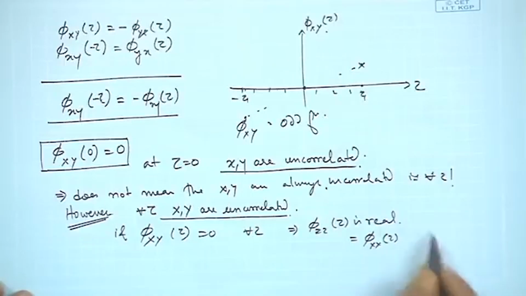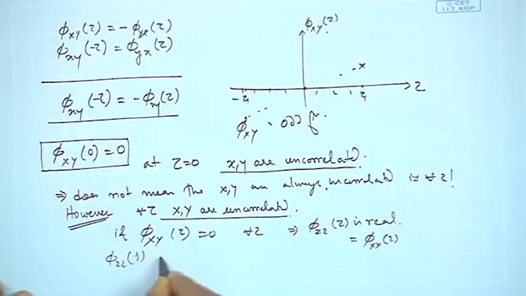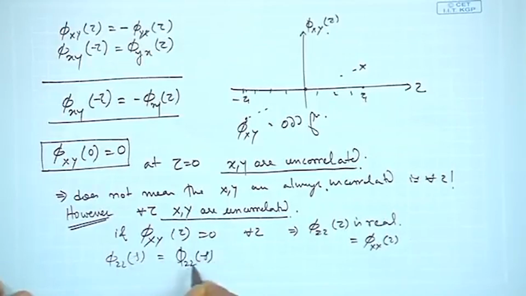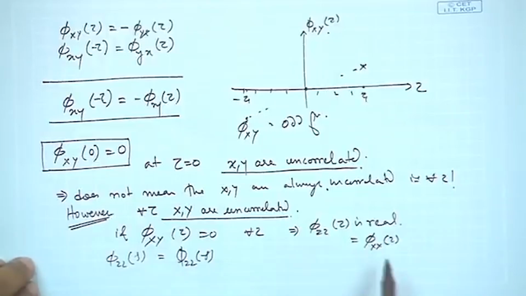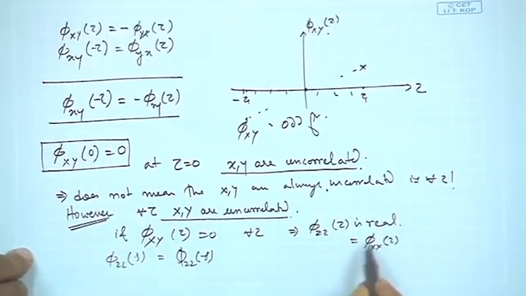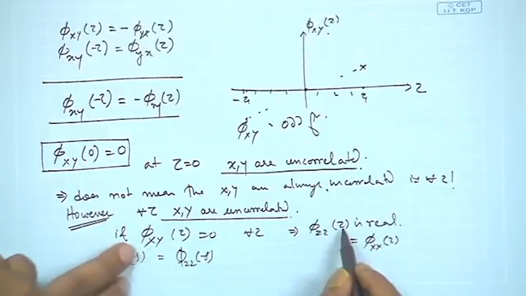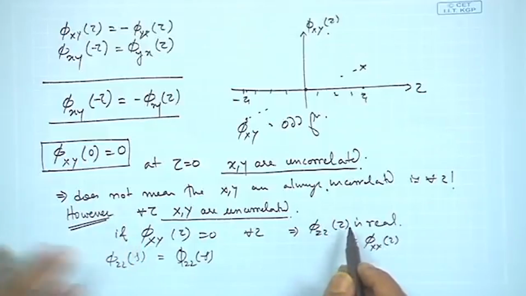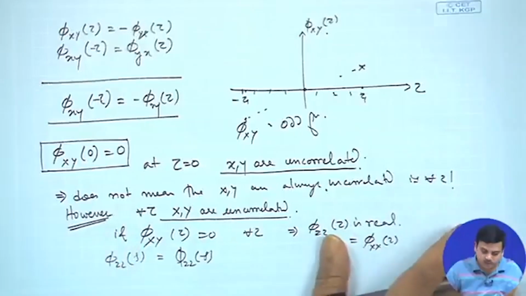This would also help in proving that phi z z of f is equal to phi z z of minus f as well. So phi z z of tau is real only if this condition holds true. Now we are moving slowly into noise.